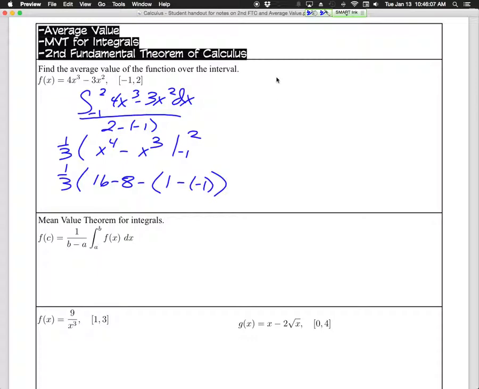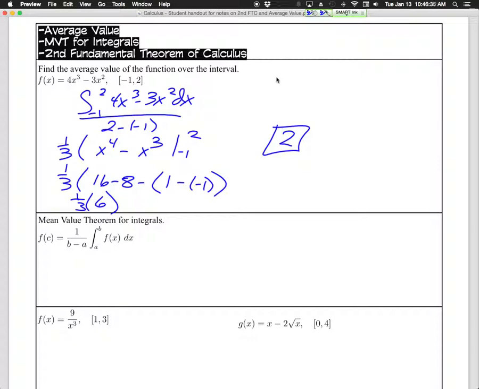Leave the 1/3 out there. So 16 minus 8 is 8, and then that's going to be 8 minus 2, so that's going to end up giving me 6. So then I have 6 divided by 3, which is 2. And what is 2? Average value. That is the average value.